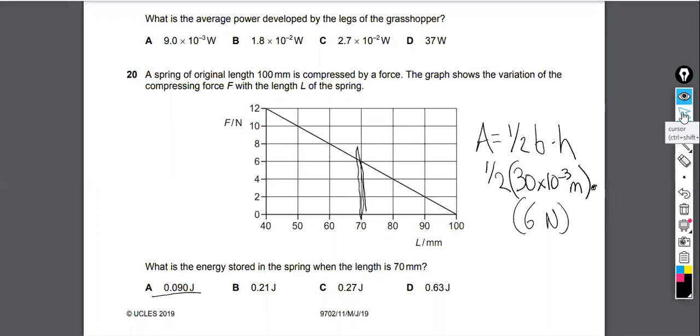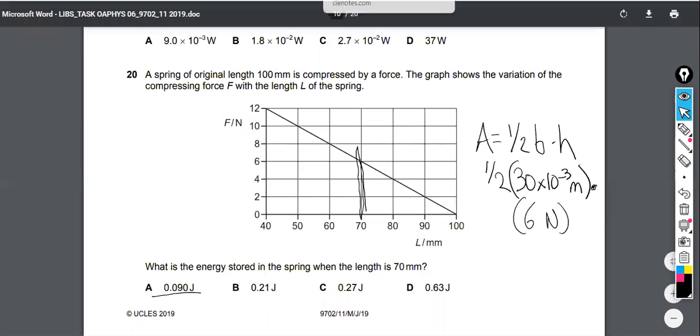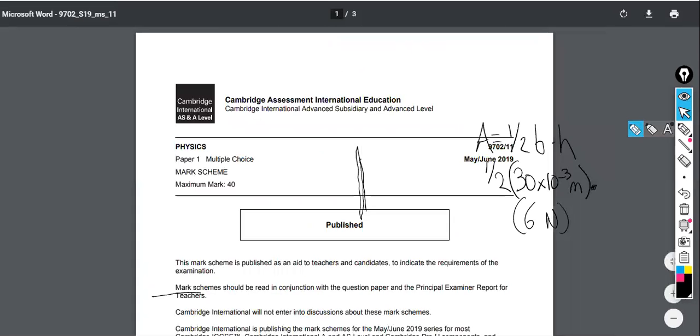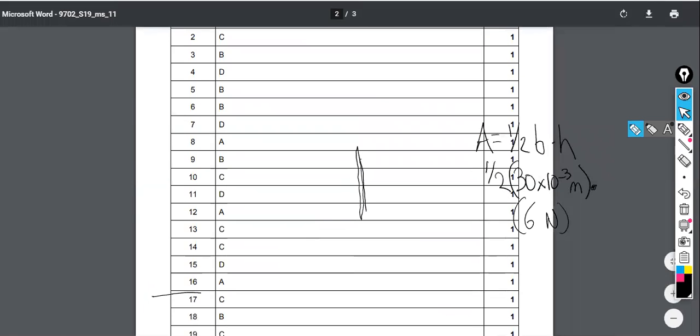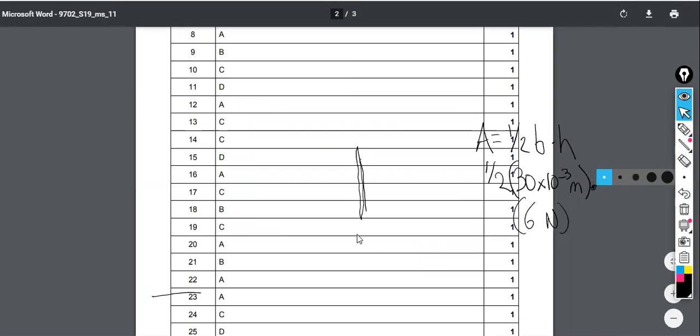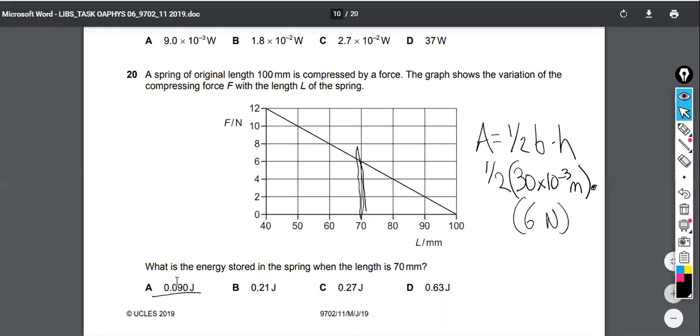I actually think I have it handy here. So this is question 20. We'll leave all that working up there for a moment. All right, and so always give yourself immediate feedback. Question 20, the correct answer was A. I think that's what we got, right? Yeah.